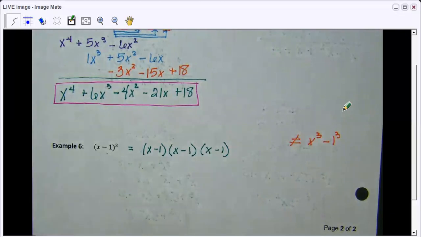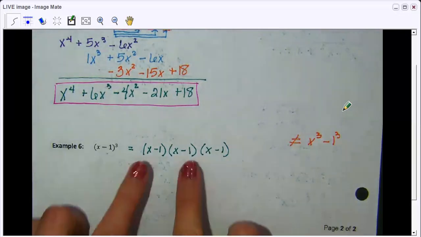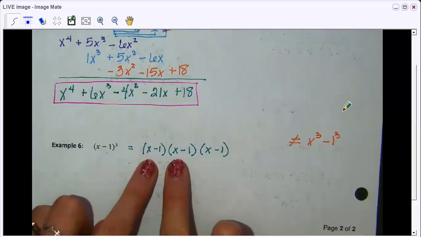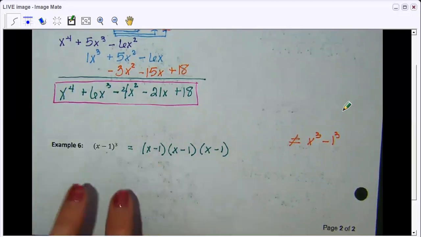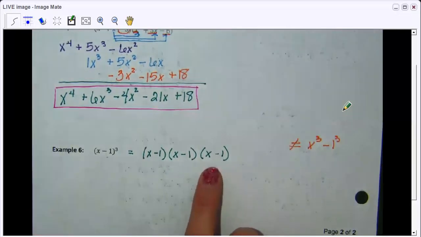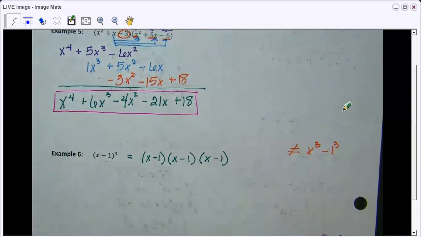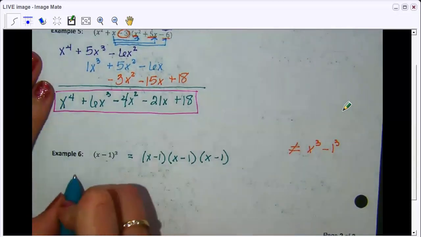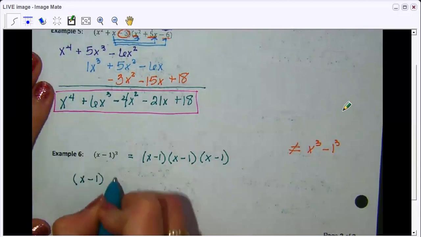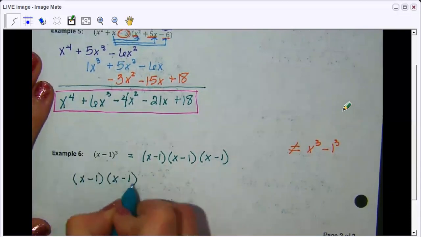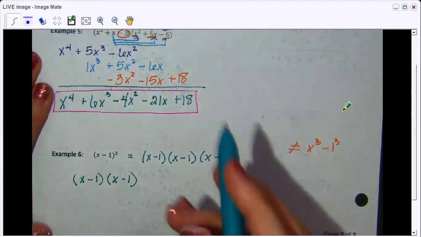Okay. So the way that you're going to do that is you're going to go ahead and do x minus 1 times x minus 1. Then whatever you get, you're then going to multiply it by the third x minus 1. All right. So let's do that. We have x minus 1 times x minus 1. And we're going to distribute.